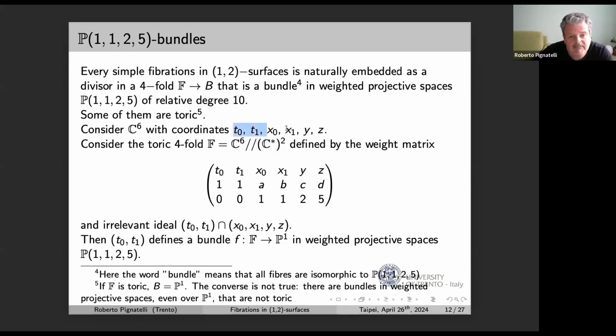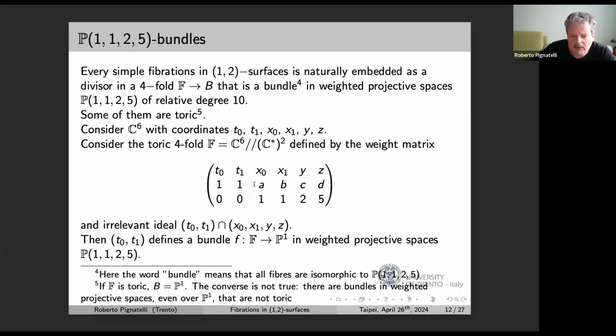I give names to the coordinates: t0, t1, x0, x1, y, z. You will recognize that the last four names are exactly those I chose for the weighted projective space P1125. In fact, the first torus acts with weights 0, 0, 1, 1, 2, 5. So lambda times (t0, t1, x0, x1, y, z) is (t0, t1, lambda x0, lambda x1, lambda squared y, lambda to the fifth z).